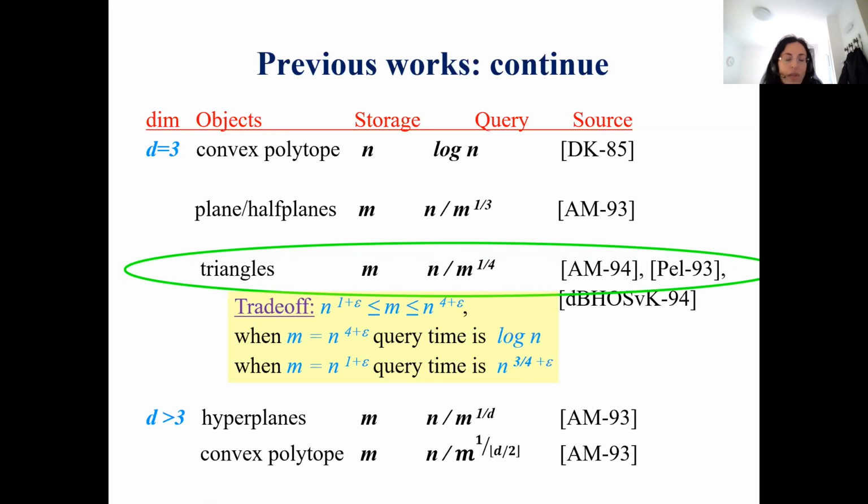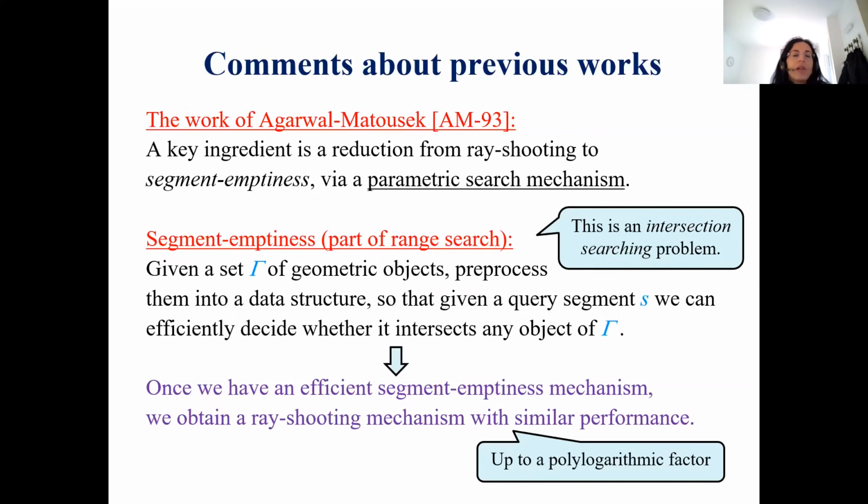And for higher dimensions, Agarwal and Matousek showed a trade-off bound for hyperplanes. This is the bound. And they also showed a bound for ray shooting in a convex polytope, extending the bound of Dobkin and Kirkpatrick. A couple of comments about the previous work.